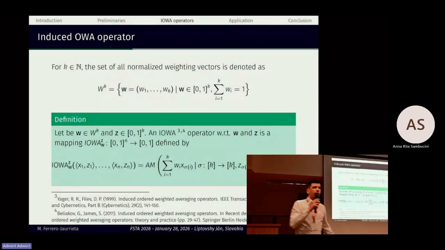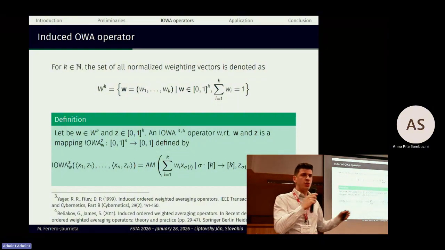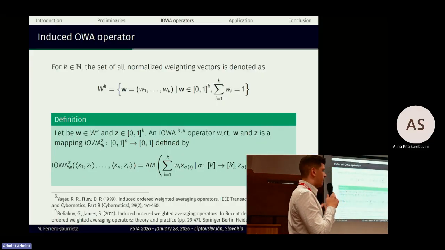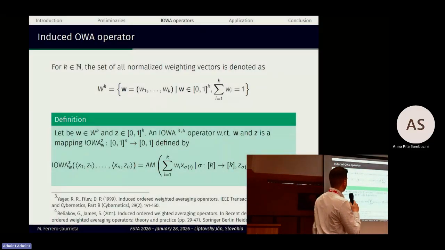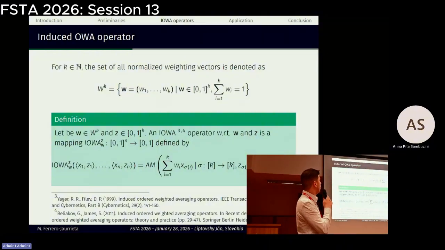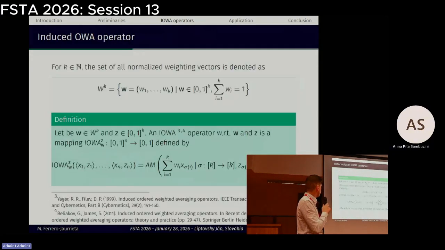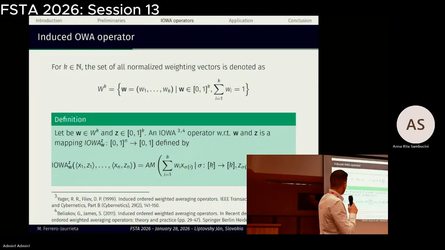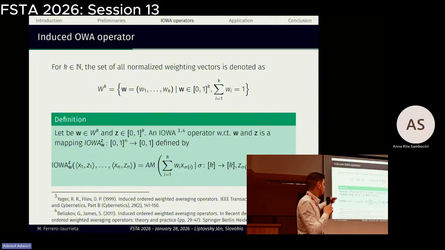Now I'm going to present the classical IOWA operator, changing a bit the notation in order to be coherent also with the contribution. It is the classical Yager IOWA operator. We are going to take into account the set of all normalized weighting vectors, and take into account a weighting vector and a set which is the inducing values.